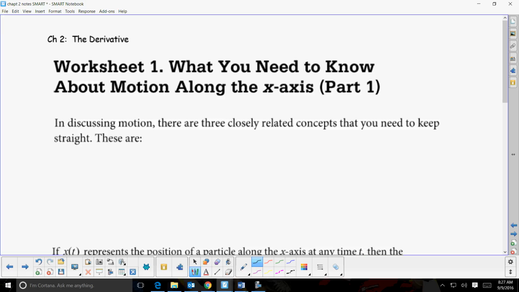So the three things when we're discussing motion that we really need to know: position, so it determines where the particle is located.